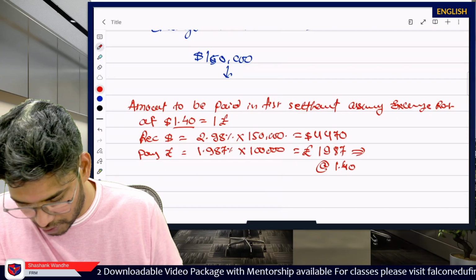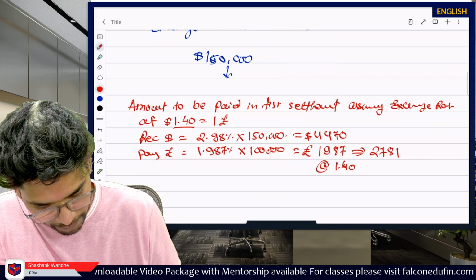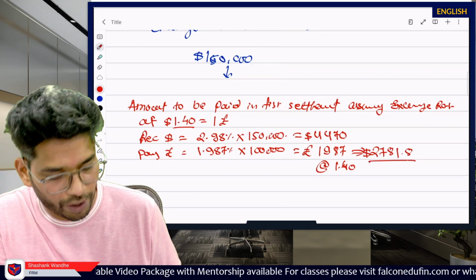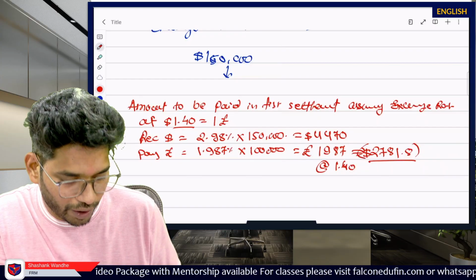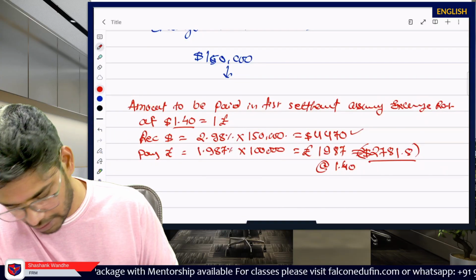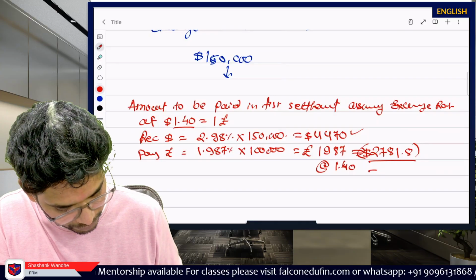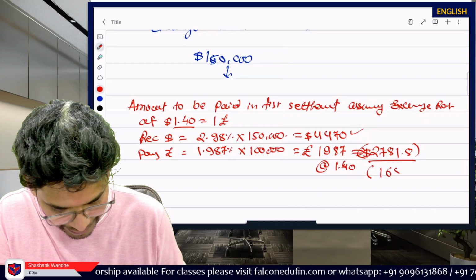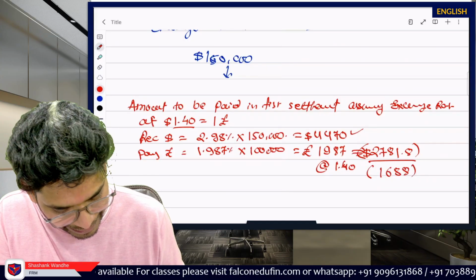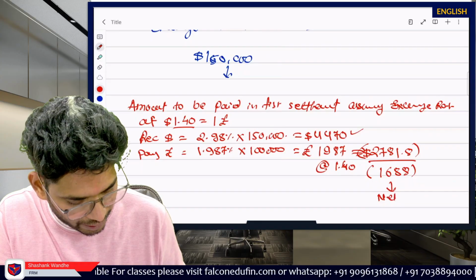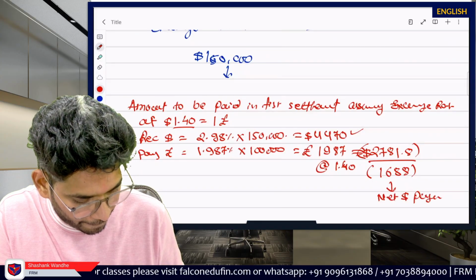The final answer is $2781.8. So this is what you are paying and this is what you are receiving. So net is 4470 minus 2781.8, or simply 1688 net dollar payment.